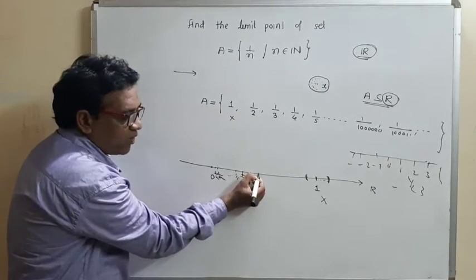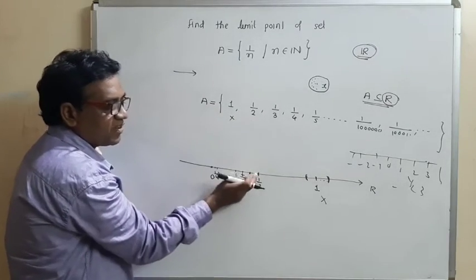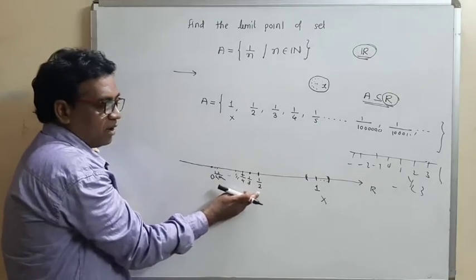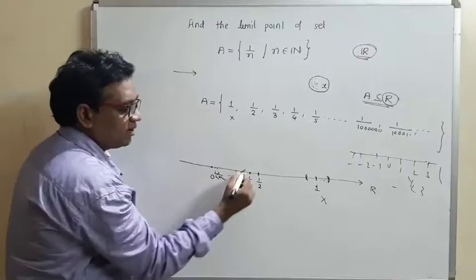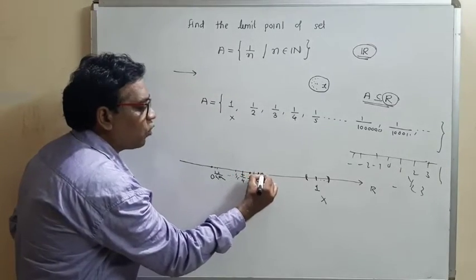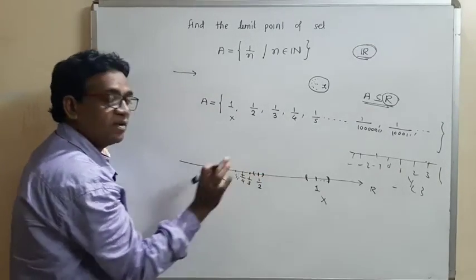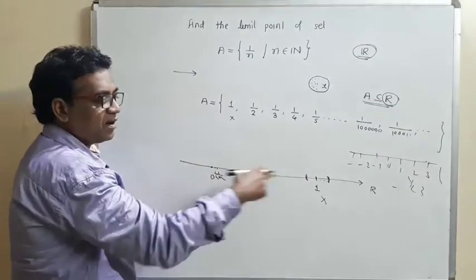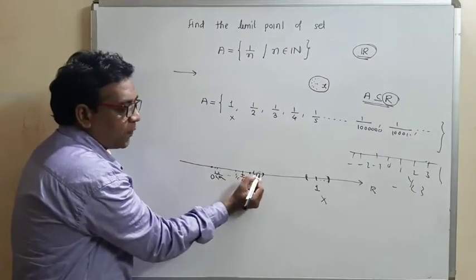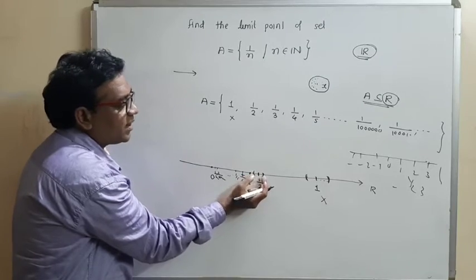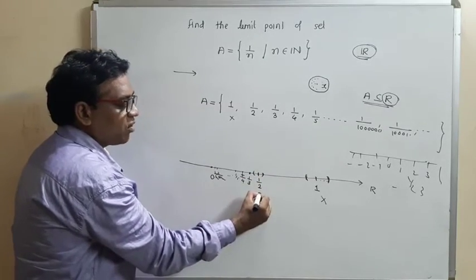Now consider the next point, X equal to 1 half. Again, this is not the limit point. What is the reason? If we draw an open sphere, meaning an open interval, since every open interval in the real line represents an open sphere, this open sphere does not contain any point of A, so this is not the limit point.